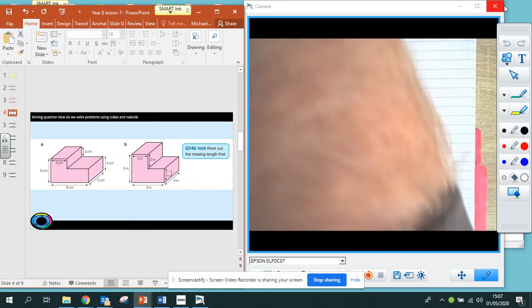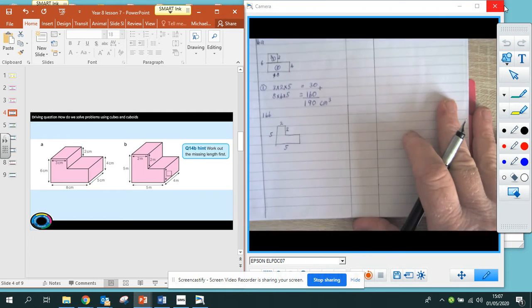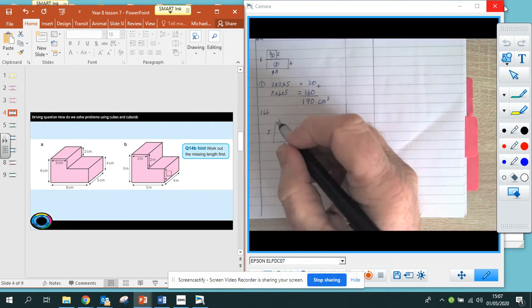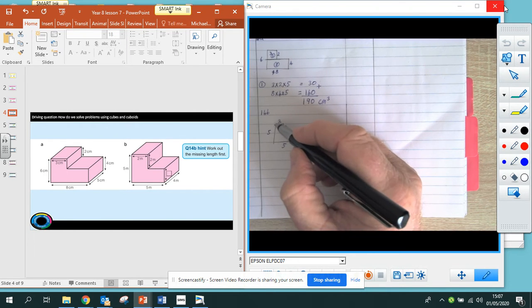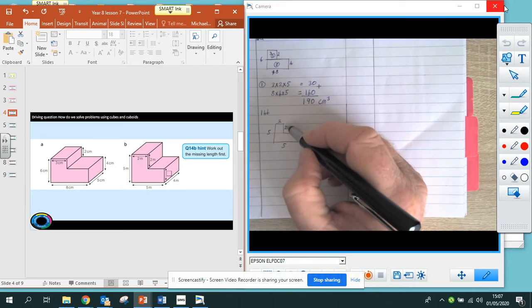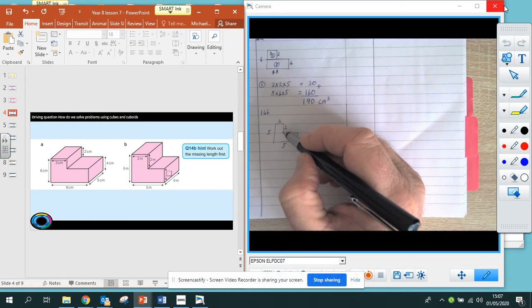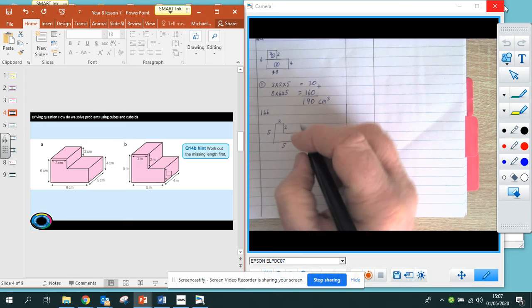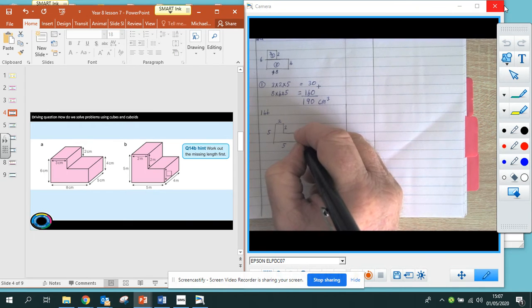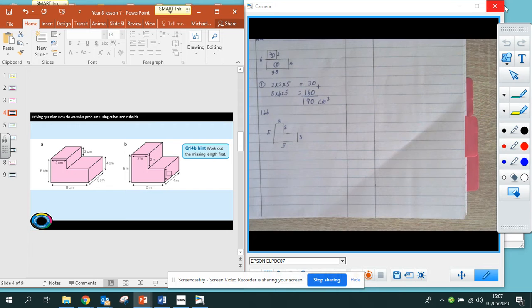Now I do know that from here to here is 5, and from here to here is 2. So from here to here, it must be what's left after you take 2 away from 5. 5 take away 2 is 3. So I know that this side here is 3.